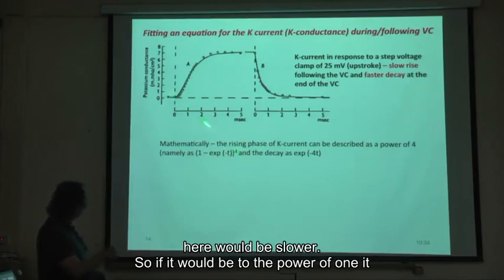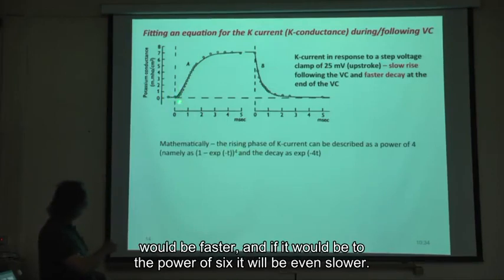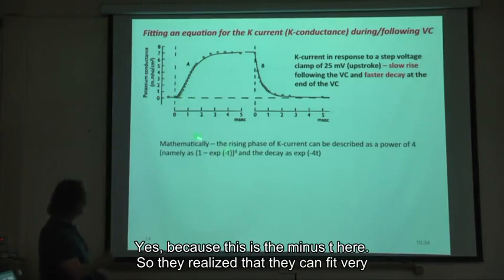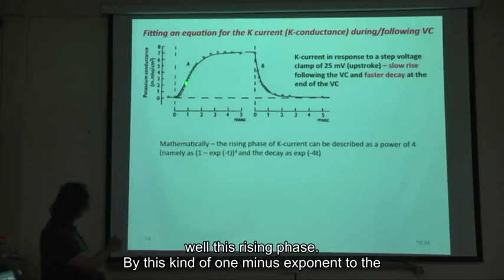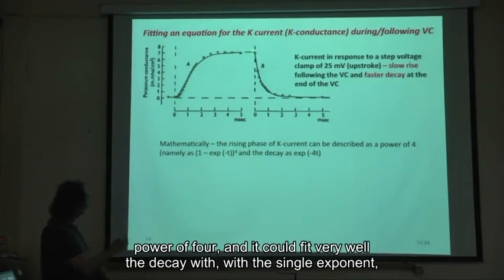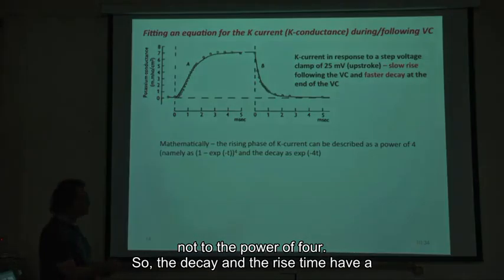If it were to the power of 1, it would be faster, and if it were to the power of 6, it would be even slower. So they realized that they can fit this rising phase very well by 1 minus exponent to the power of 4, and they could fit the decay very well with a single exponent.